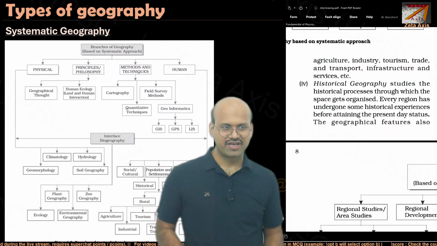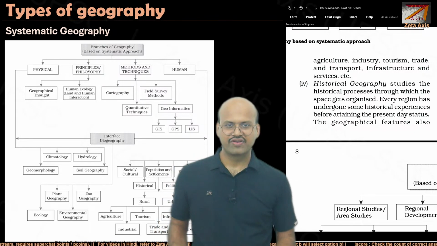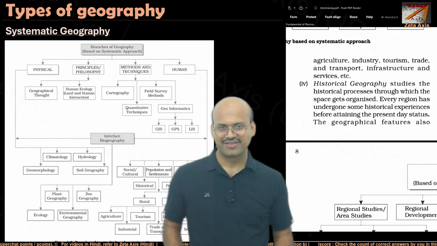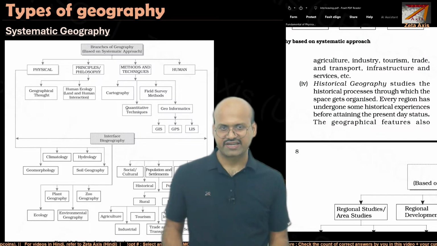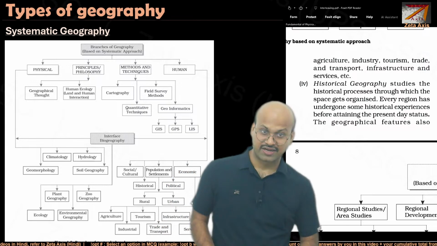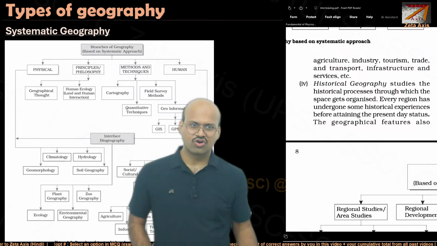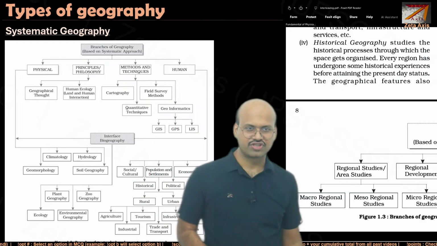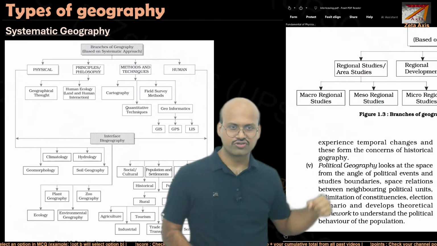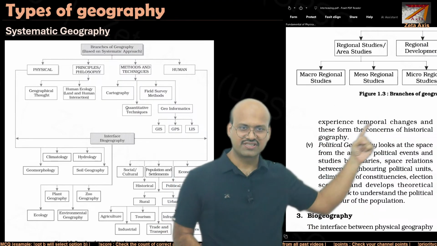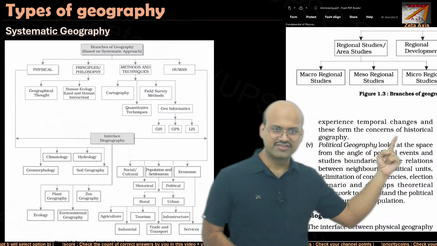For example, we have the Aral Lake, which has become extinct now. If you are studying how there have been changes over the last 100 years, that could be historical geography. Geographical features also experience temporal changes, and these form the concerns of historical geography.